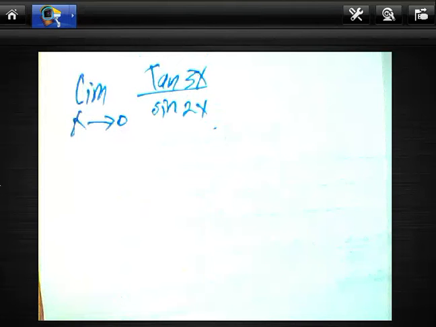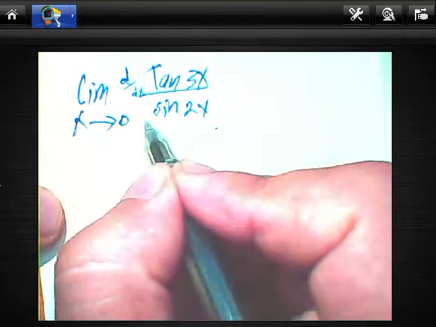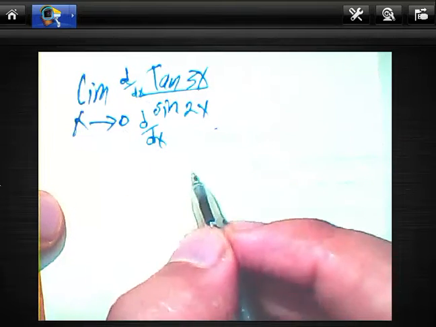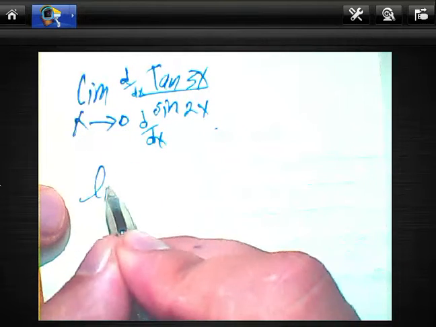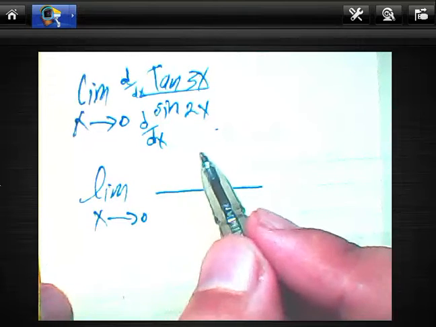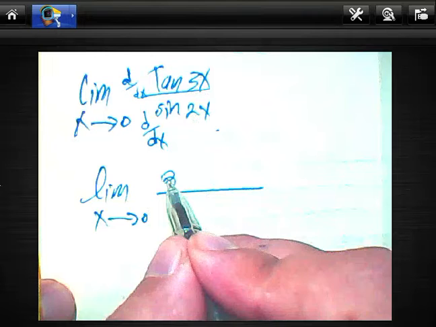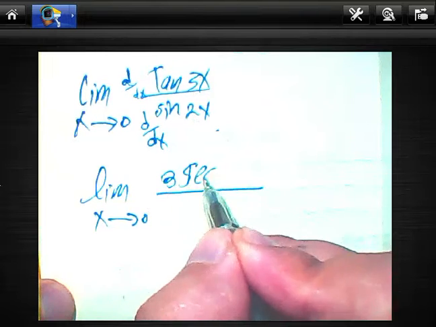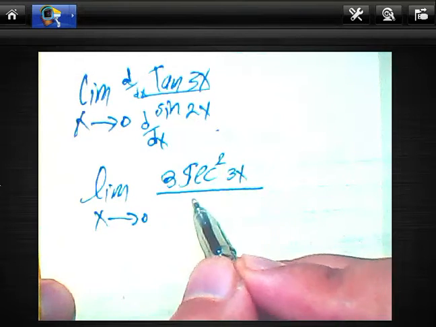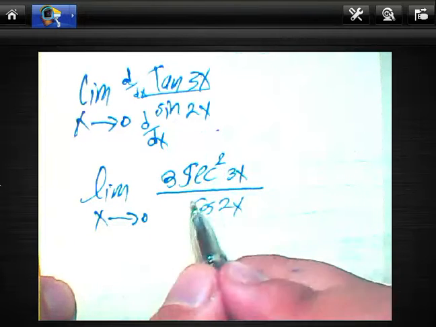The limit as x approaches 0 of tan 3x over sine 2x. We can find the derivative of the numerator and denominator, each with respect to x. The derivative of tan is sec squared, and the derivative of the angle 3x is 3, so we get 3 sec squared 3x over the derivative of sine, which is cosine 2x, times the derivative of the angle, which is 2.